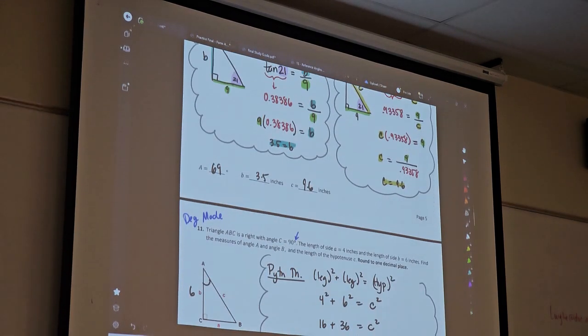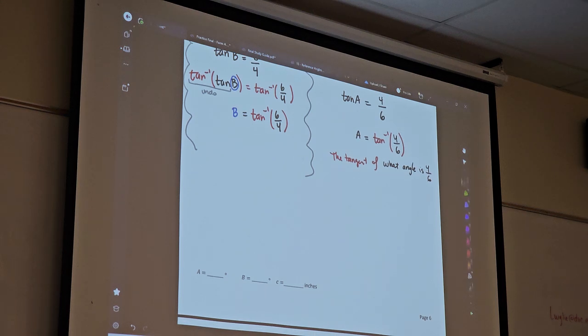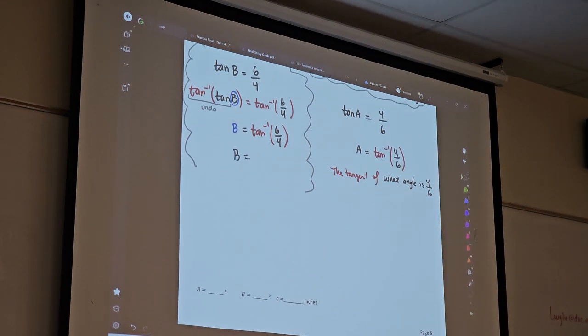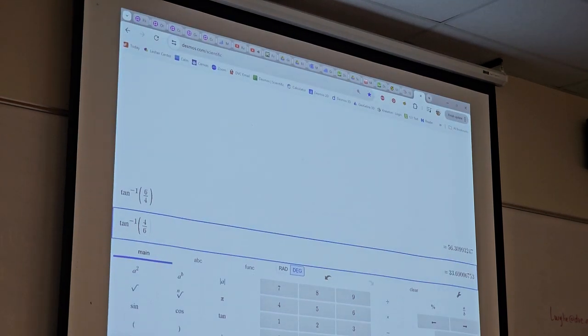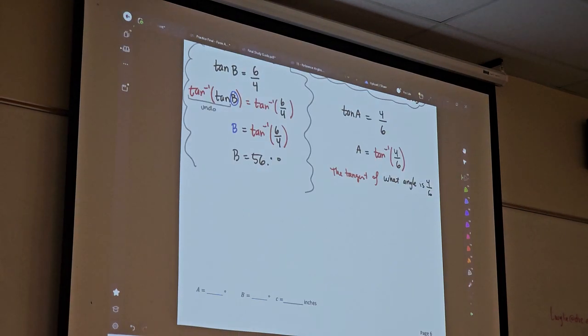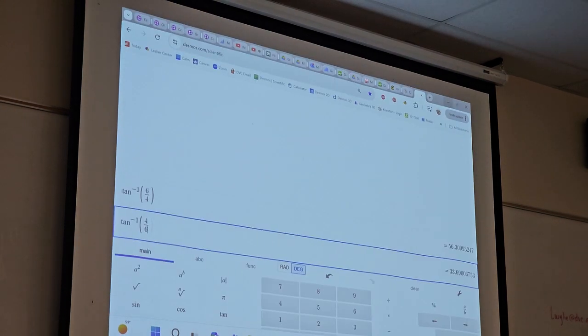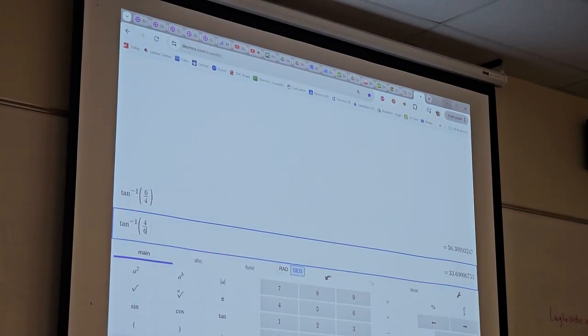Trying to scroll colors. Whatever degrees. So 56.3. And then inverse tangent of 4/6. 33.7.